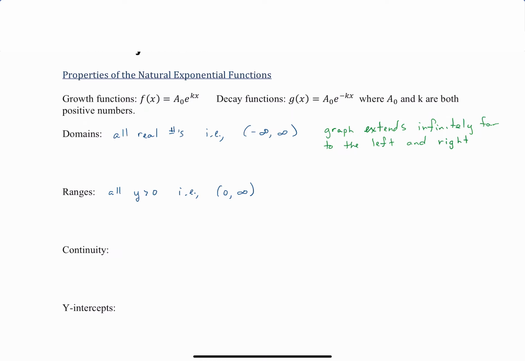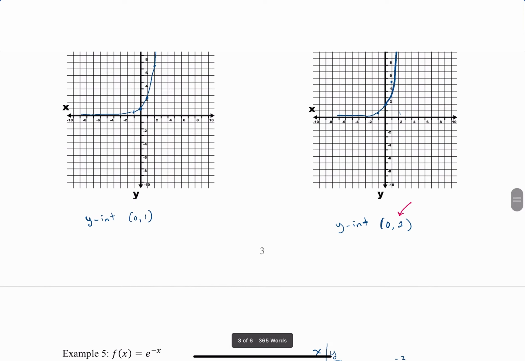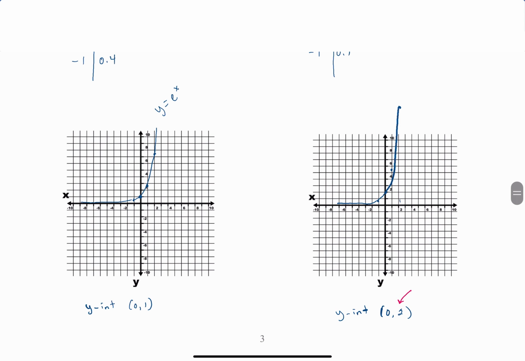Now you can't always see that on the graph, or it's not always apparent. Like, for example, if we look at this one, you could almost wonder if there was a vertical asymptote. It almost looks like the graph isn't going to keep going to the right because it's going up so steeply. But in fact, it does. It's just that, to get an x value over here, you'd have to be practically up at the moon to see it on the graph.